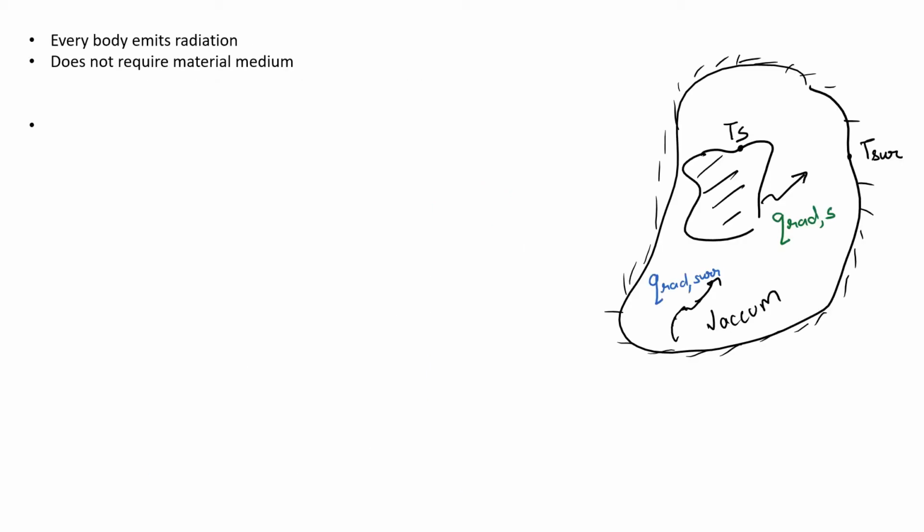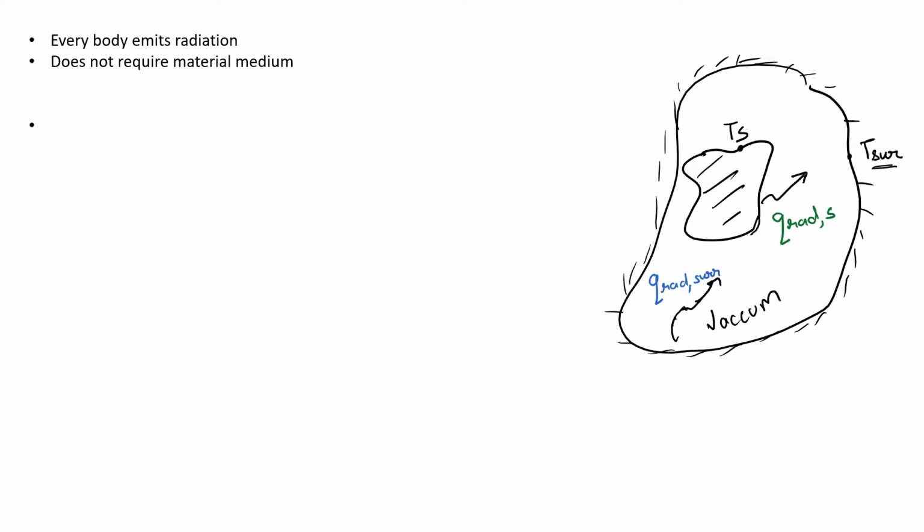Okay, so moving on to radiative heat transfer. Let's say we have a body which has a surface temperature of Ts, and let's say it's located in a surrounding which is surrounded by vacuum, and the surrounding is at a temperature T surrounding.